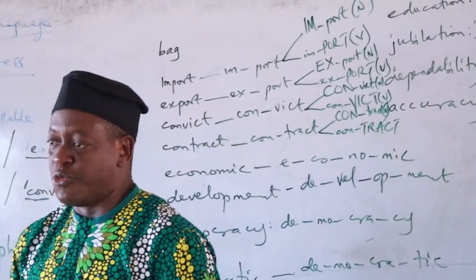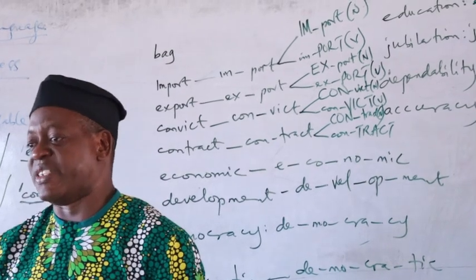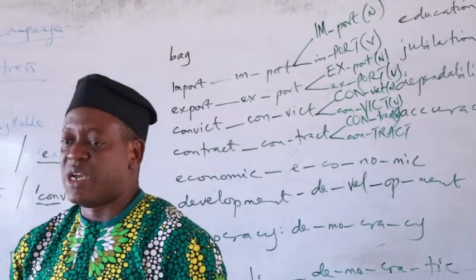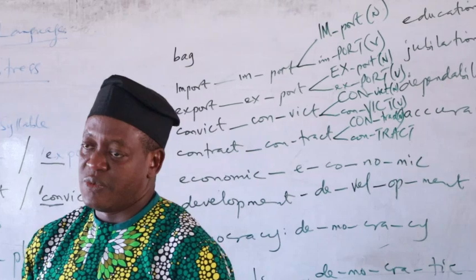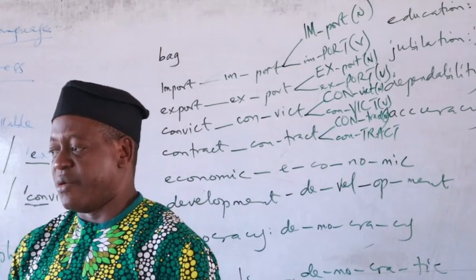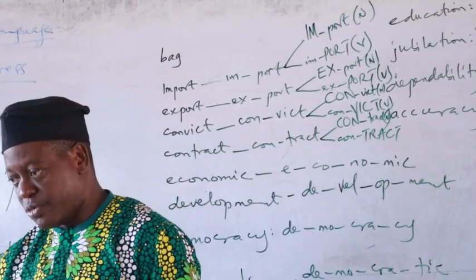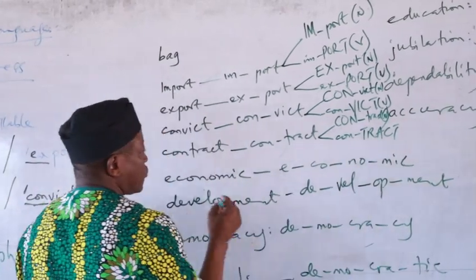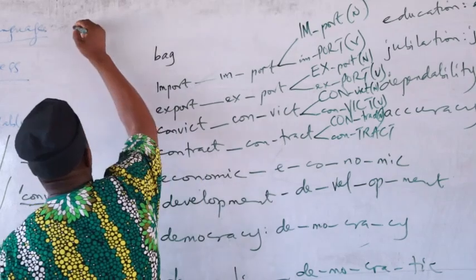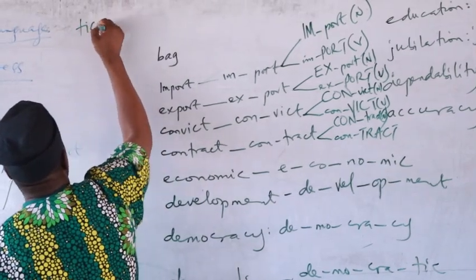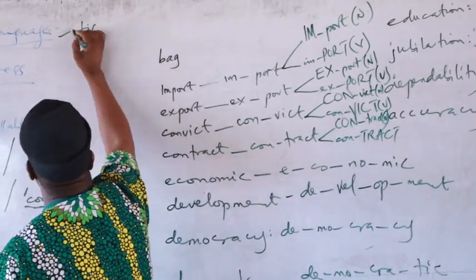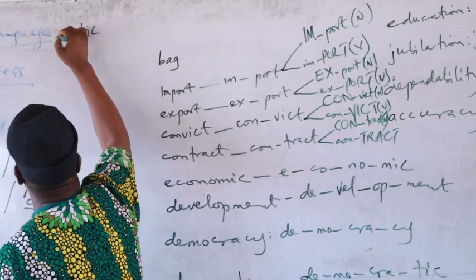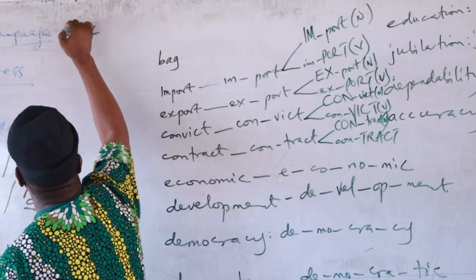Some words too could be used as noun and as an adjective at the same time. In that situation, as an adjective, first syllable. As a verb, second syllable. Okay? If a word ends with TIC, you stress the syllable that comes before tick.